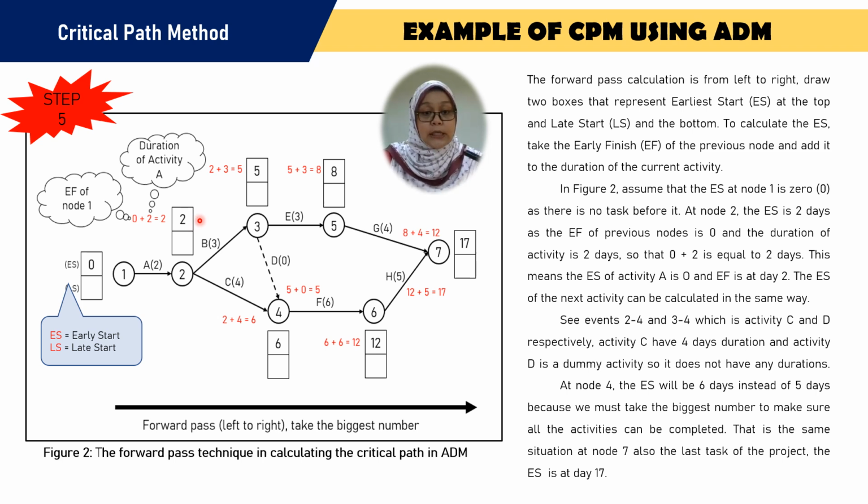How do we get day 2? It's 0 plus the duration of activity A. Then we get the early start on event 2 is 2. And we can continue until event 7.